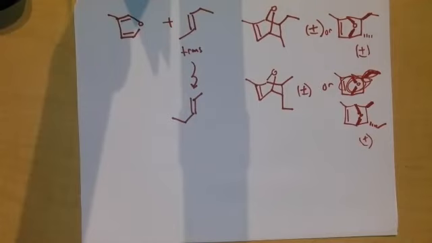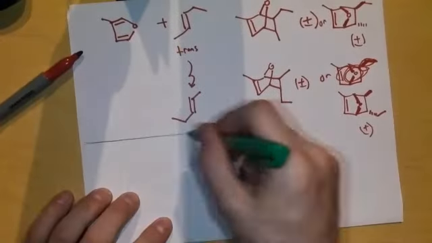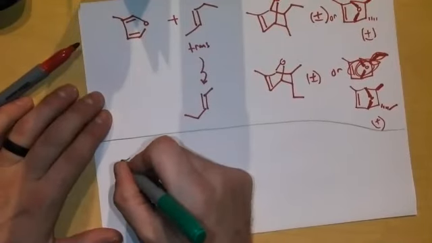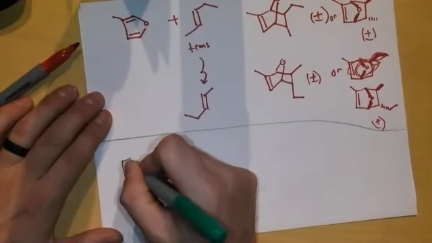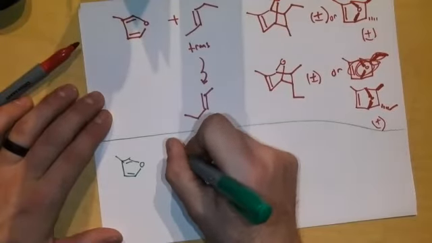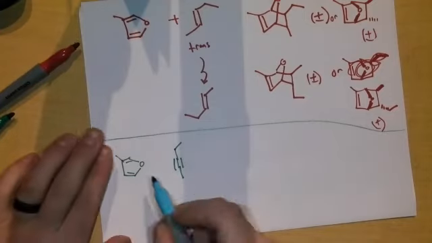Triple bonds are, again, a little easier because we don't have any stereochem. So taking almost the exact same molecule as a triple bond, we're going to still do our normal attacks.